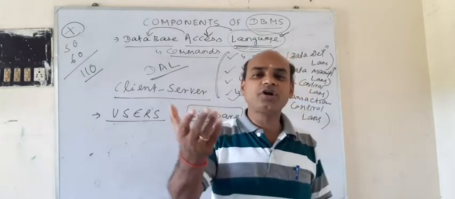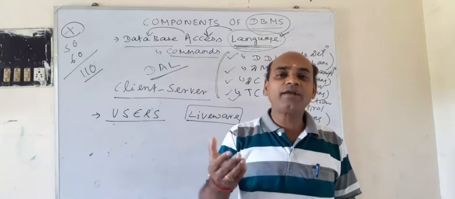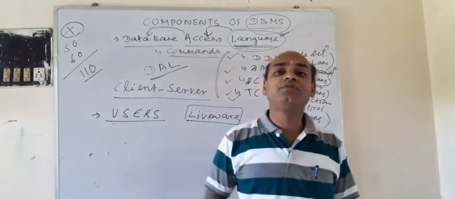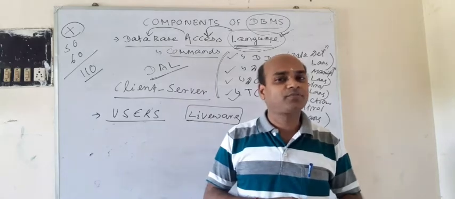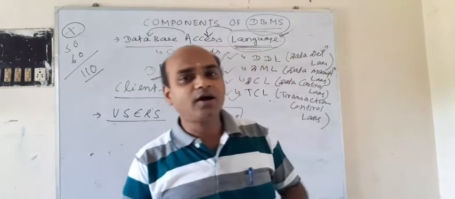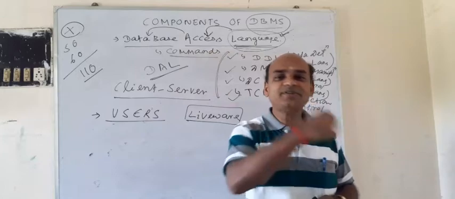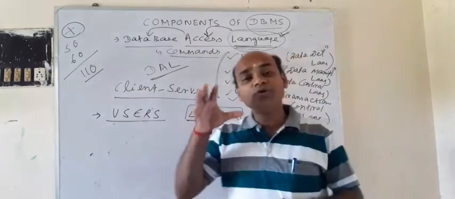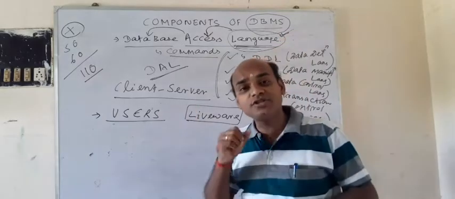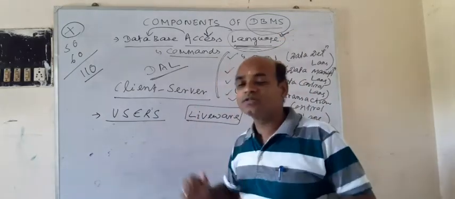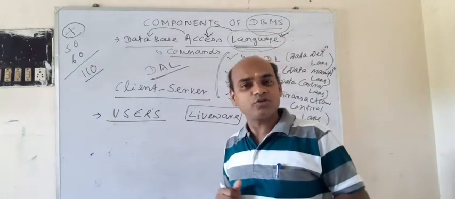We do not need much knowledge about the database management system or banking system, but you are getting benefits. You are the beneficiaries. Some users have sufficient knowledge, some users are not aware of the system. There are many categories of users.